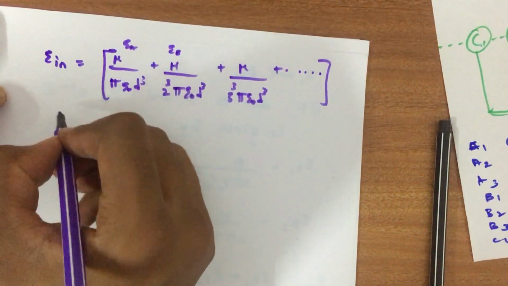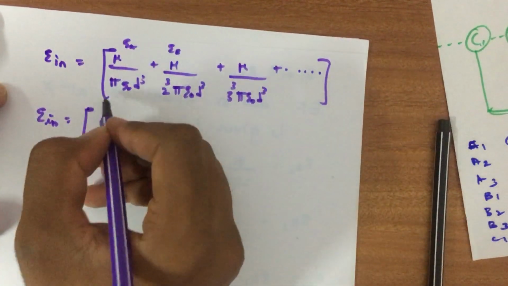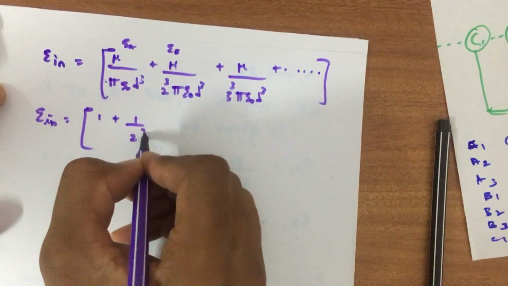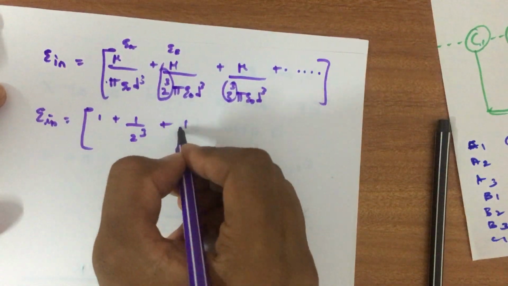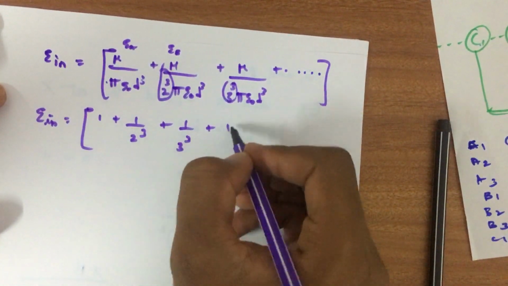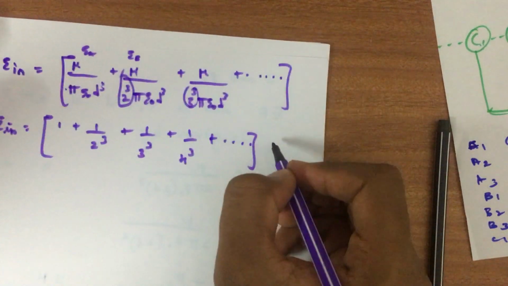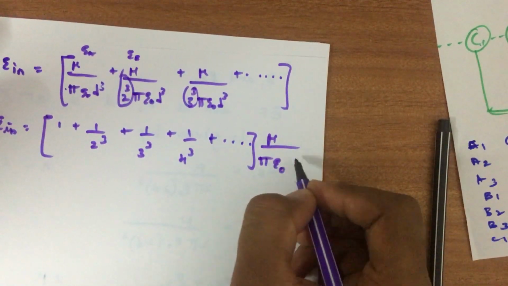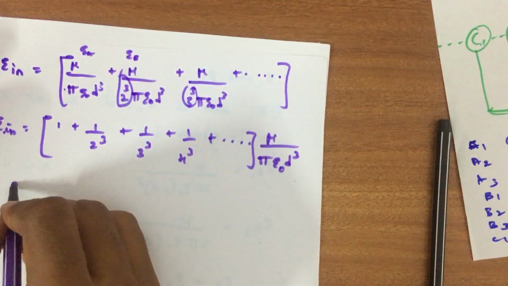So what will happen here? I'll take EIN is equal to, I'll take this as common, I'll take this 1 here itself, 1 by 2 cube. Similarly it will be going on, and here I'll take mu by epsilon naught. Okay, so what will happen?